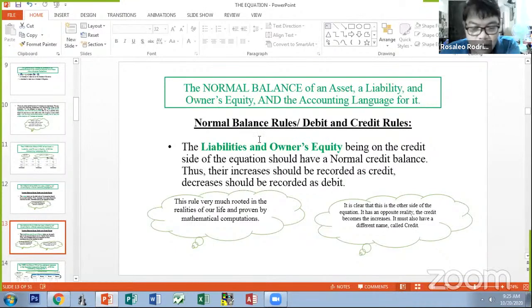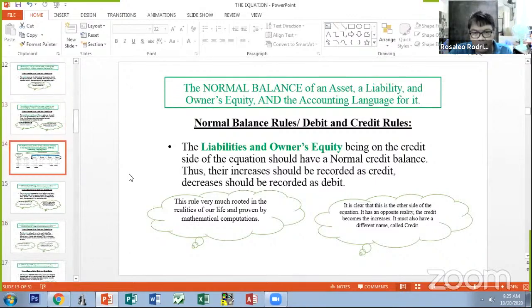So two sides with different names. Of course, if we don't have different names, how can we identify them? Just like we have names to identify people. Okay, let's proceed to the next slide.